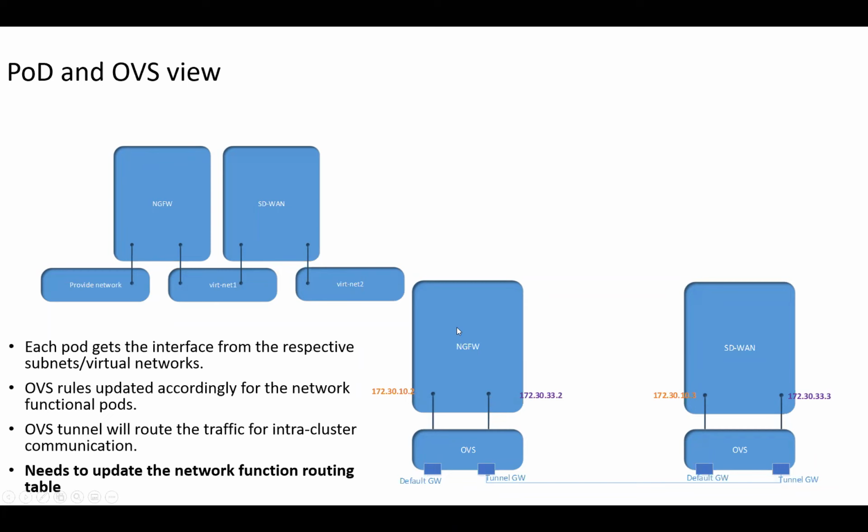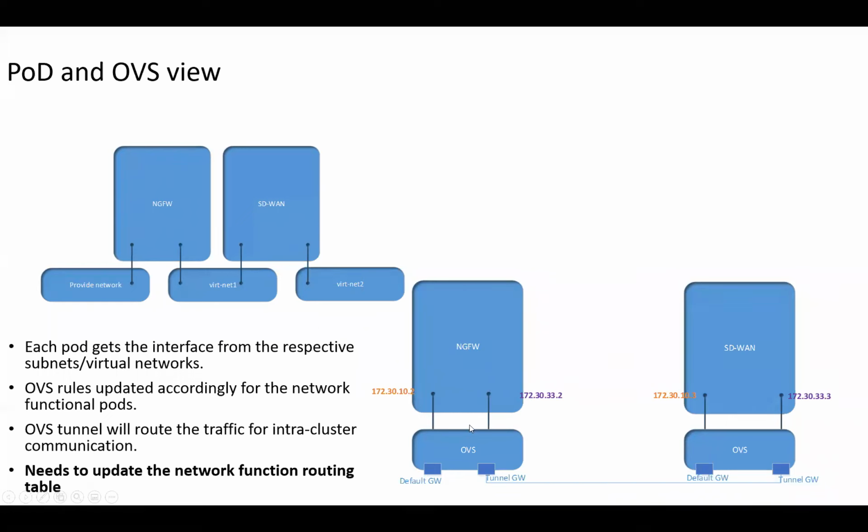So if your network CNF is in node 1 and SD-WAN is in node 2, it's going to use your tunnel communication. If both the CNFs are in the same node, it's going to use your typical in-node communication. It's going to be locally terminated.